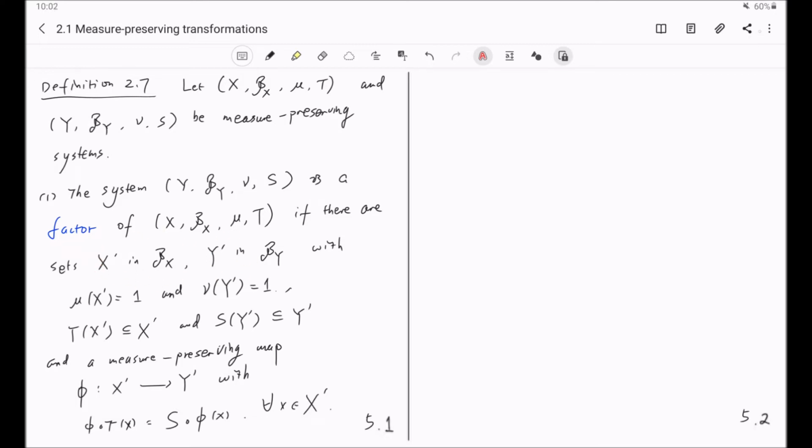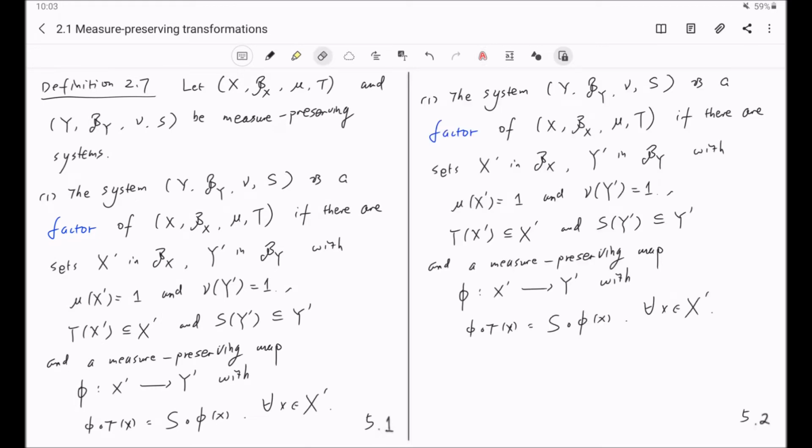Okay, now the second definition. The second definition is almost the same as the first one, except that here, instead of just being measure preserving, we require that this map be also invertible. And in that case, we'll call those two systems isomorphic.